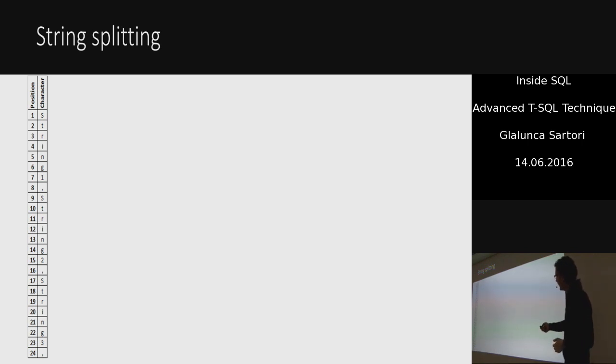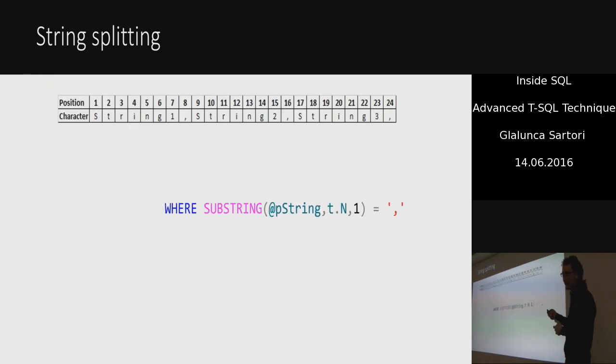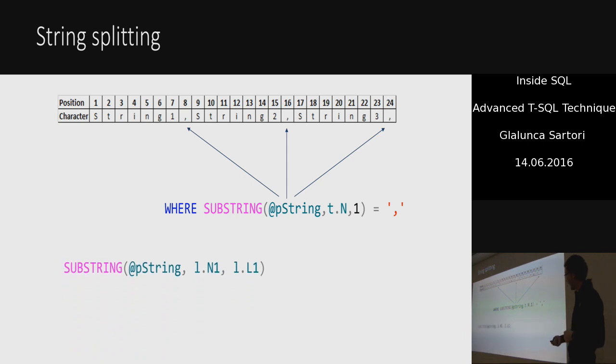So if you think of it this way, it's easy to understand how you can use a Tally table with numbers to identify the different pieces, the tokens in the string. So using the substring function, well, filtering for the comma, you identify these rows, and you just have to take these rows again in the substring to extract the tokens from the string.